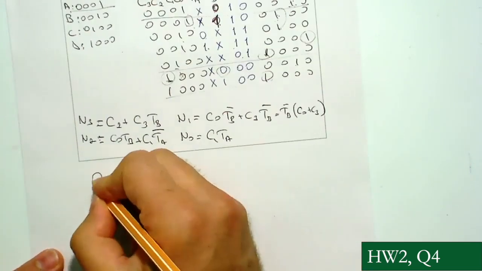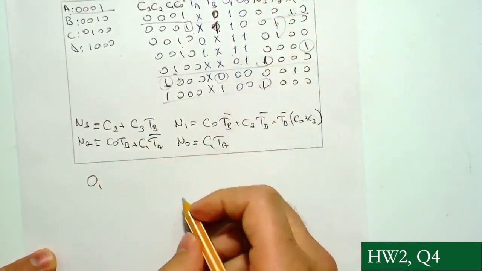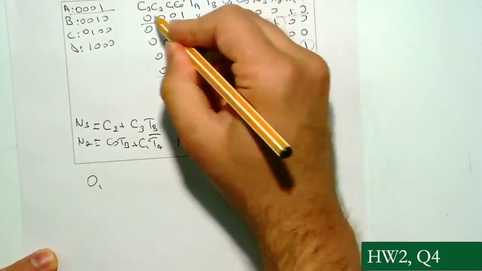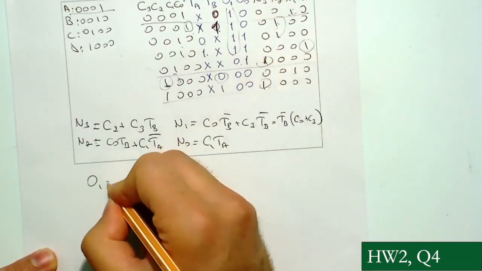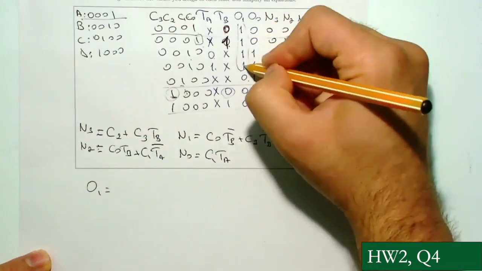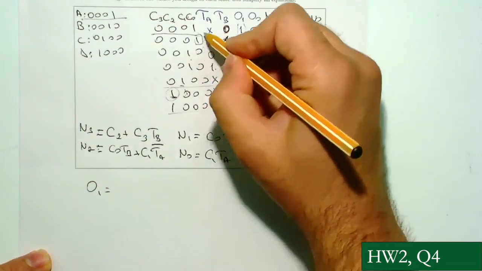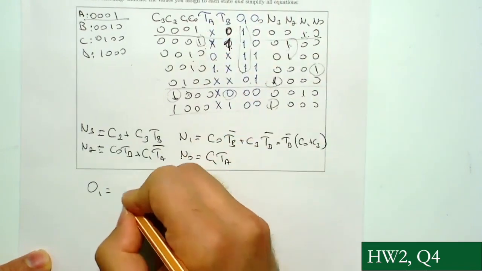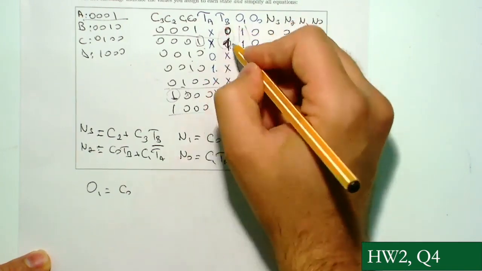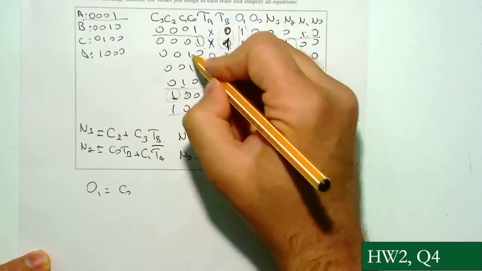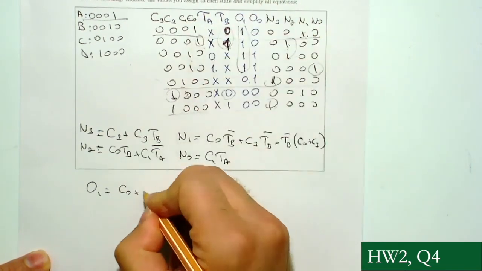And for the output, for output 1, I have 1 when either C0 is 1, and it also doesn't depend on the TA or TB, or when C1 is 1, right?